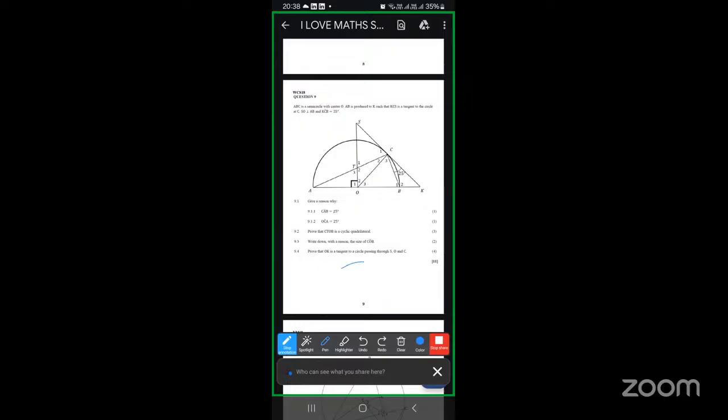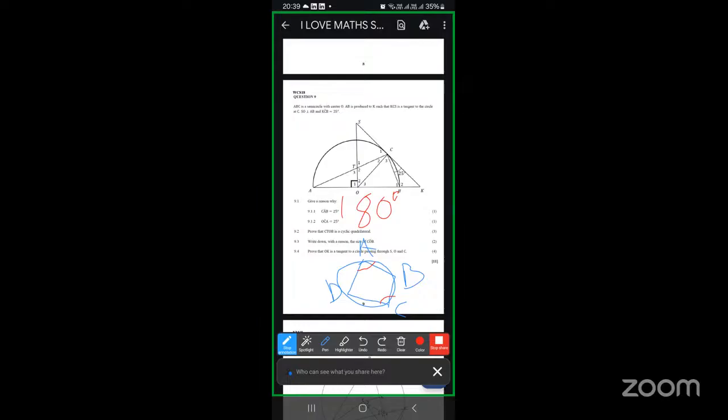If this is a circle, and this is a cyclic quad, with A, B, C, D, the first property that we know is that when you take angle A and add angle C, you are going to get 180 degrees, because opposite angles of a cyclic quad are supplementary.